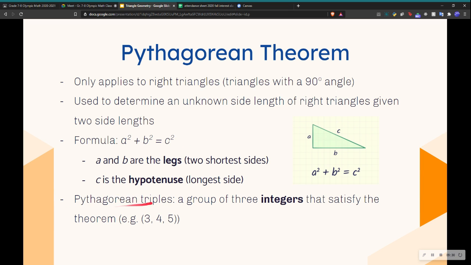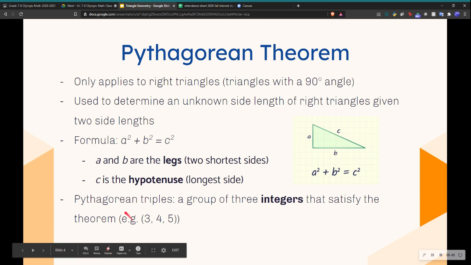And here's another term to know: Pythagorean triples. Pythagorean triples are a group of three integers. They have to be integers, can't be decimals. Three integers that satisfy the Pythagorean theorem. Here's an example: 3, 4, 5. I ordered these as a, b, and c. You can see the longest side is 5, and the two shortest sides are 3 and 4.